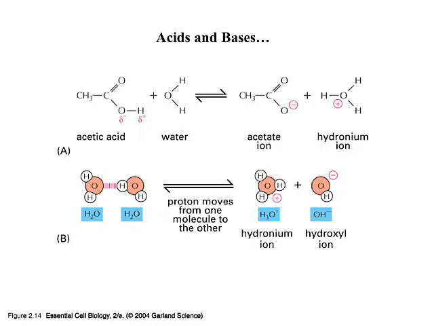So the scale goes from what? 0 to 14. So at 0, do you have a higher or lower concentration? Higher concentration, and that's what we call acids. Okay, and bases have a lower concentration.